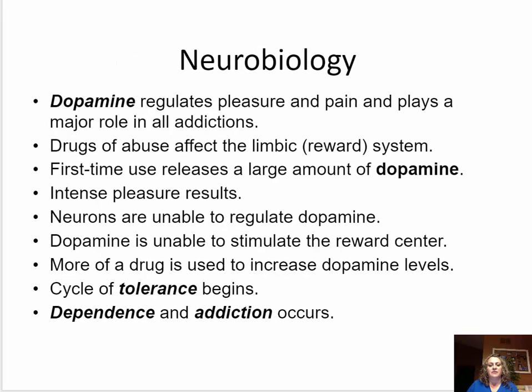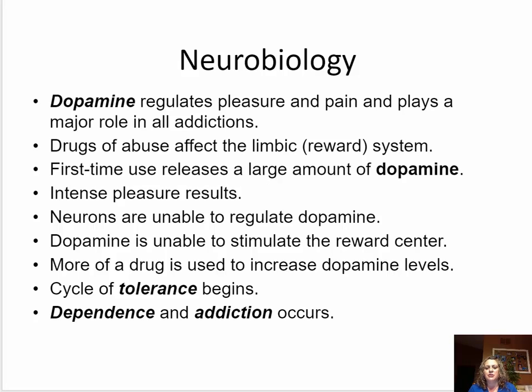The neurobiology of addiction includes the neurotransmitter dopamine, which regulates pleasure and pain and plays a major role in all addictions. The drugs we've discussed that are abused affect the limbic system or the reward system.